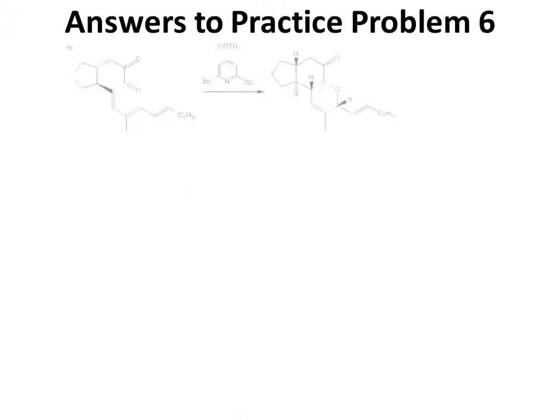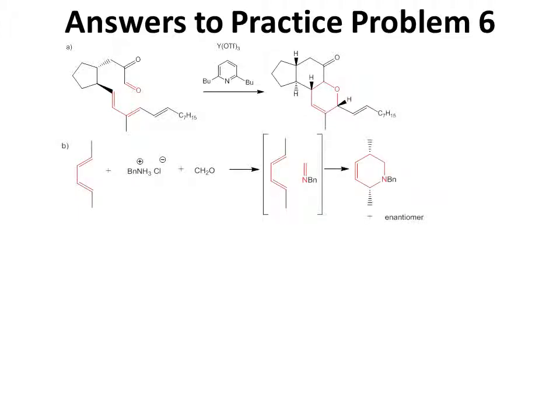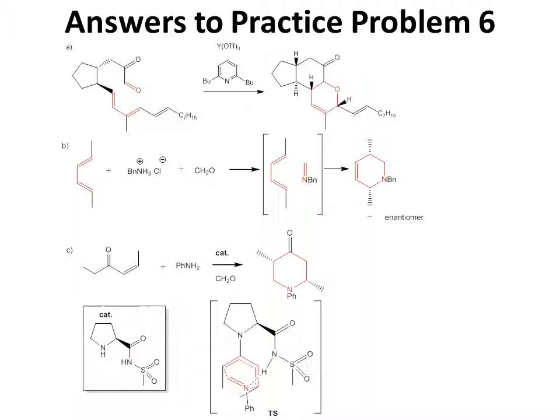Answers to practice problem 6. In part A, we have an intramolecular Diels-Alder reaction between an aldehyde and a diene. In part B, we have 3 components. The formation of the imine occurs first between formaldehyde and the amine, which then reacts with the diene. Part C, we have an enantioselective hetero-Diels-Alder reaction.